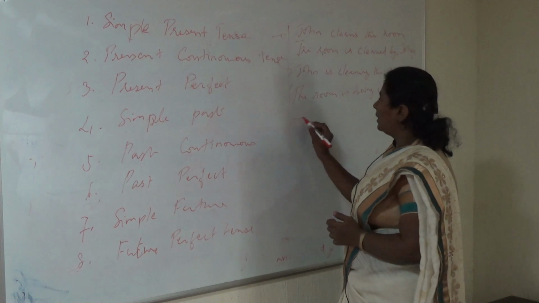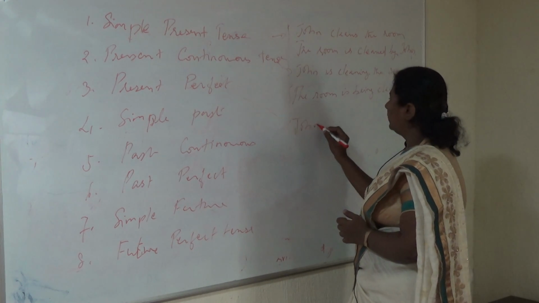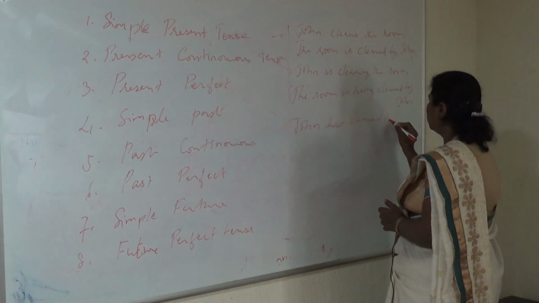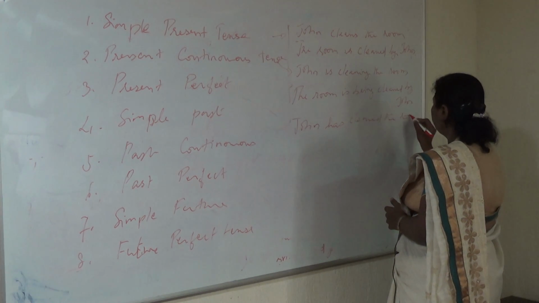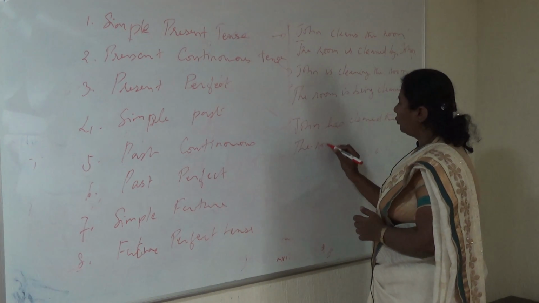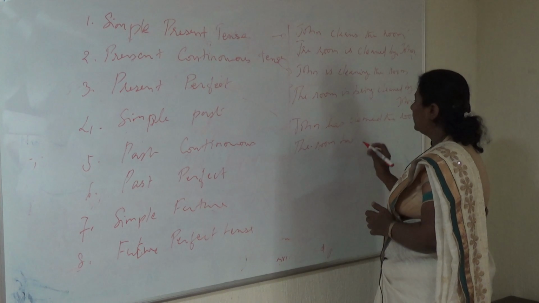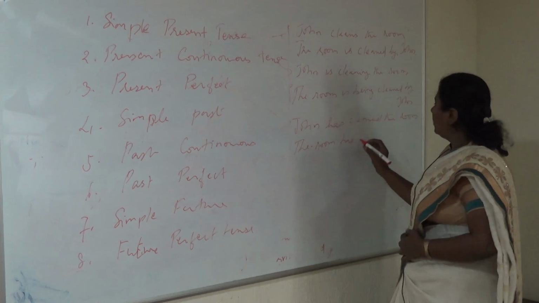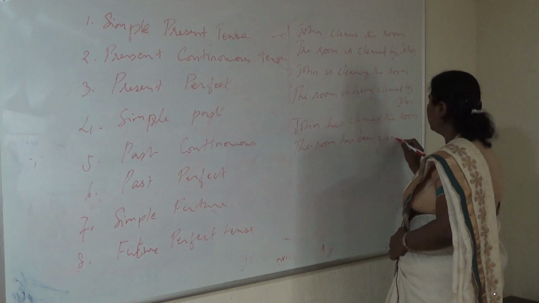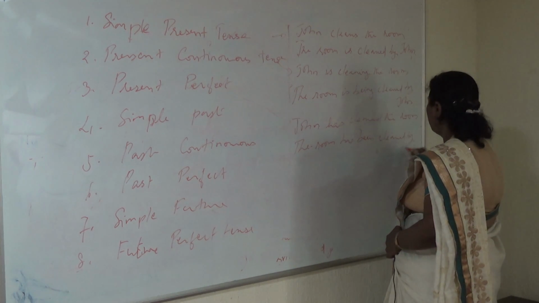Present perfect. John has cleaned the room. When you change the sentence to passive, the room has to be the form. You have to mention has been cleaned by John.